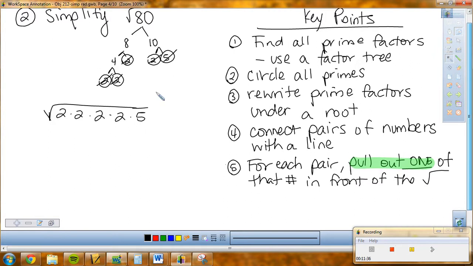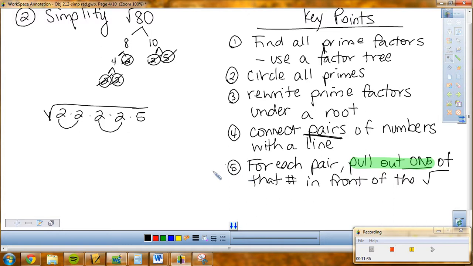So we can see that I have a bunch of 2s and 1 5. I do not want to connect everything. All I'm doing is connecting pairs, which are groups of 2. So I'm connecting this pair. Then I look and I see I have another pair. Well, great, I'm going to connect that. And then I don't have anything to connect with the 5, so I just leave it by itself.